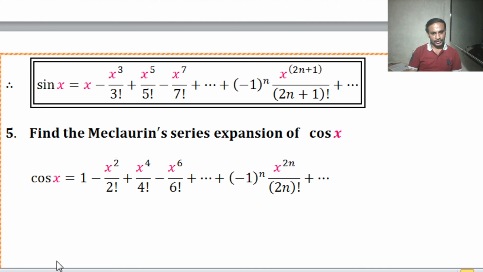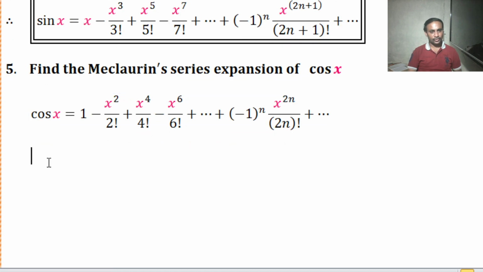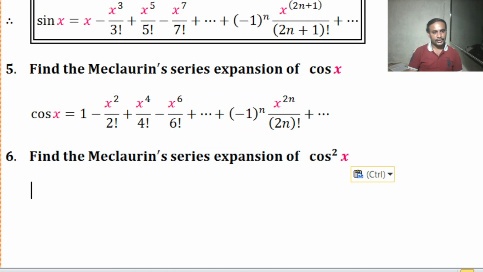Now using this series expansion of cos x, we can find the series expansion of other functions. So the next question is: find the Maclaurin series expansion of cos square x.